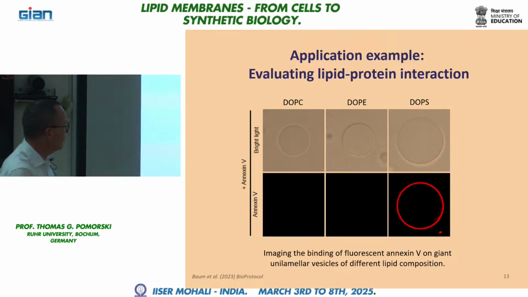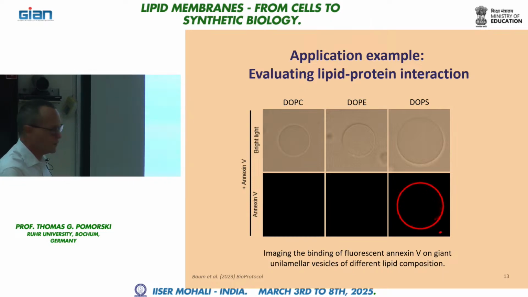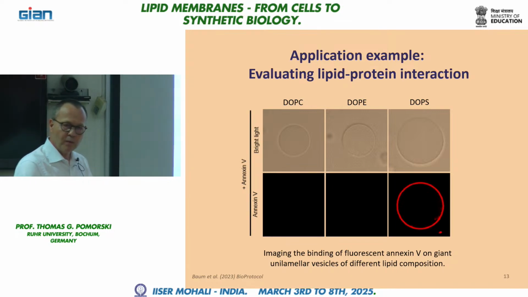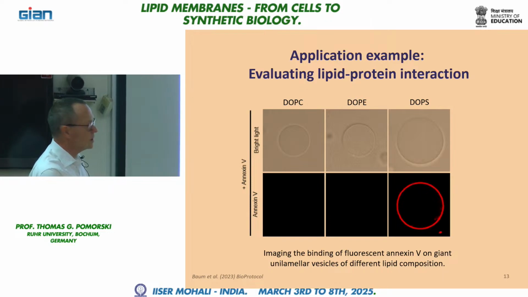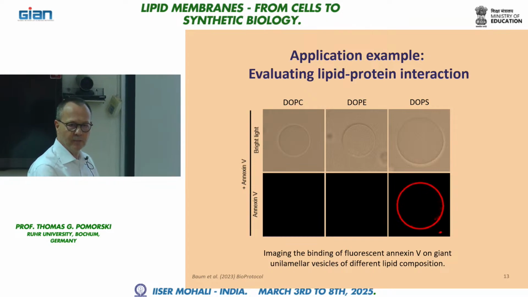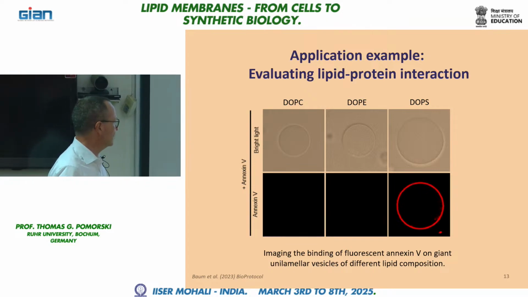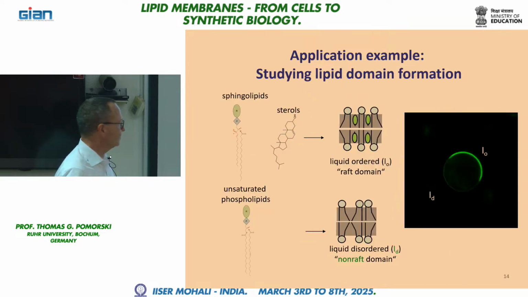And you see that this only happens here for the vesicles with phosphatidylserine. So that would be an indication that this protein doesn't bind to phosphatidylcholine or phosphatidylethanolamine, but only to the lipid phosphatidylserine. So that would be a typical protein-lipid interaction assay you can do under the microscope.